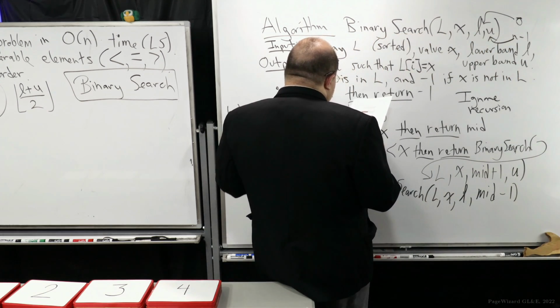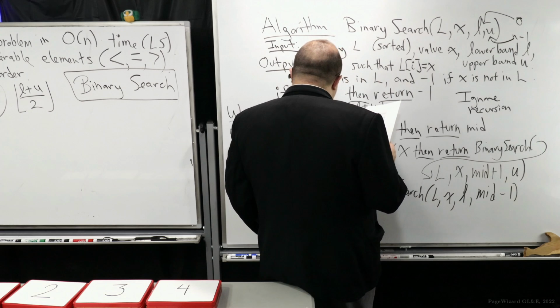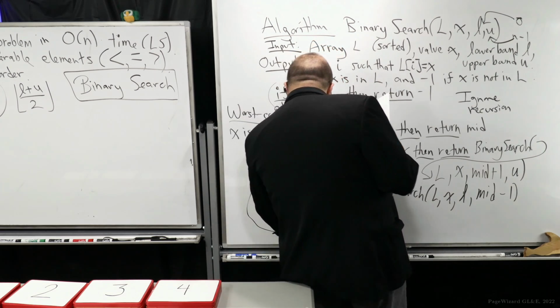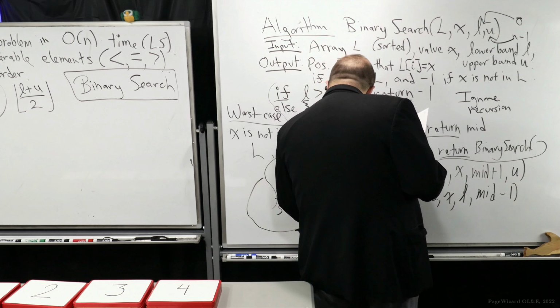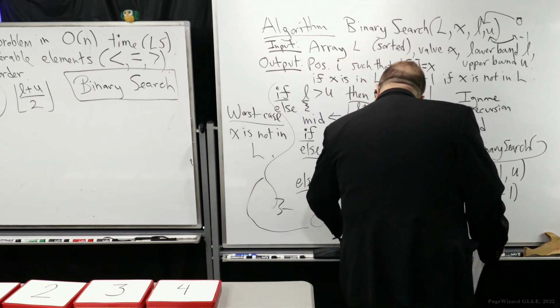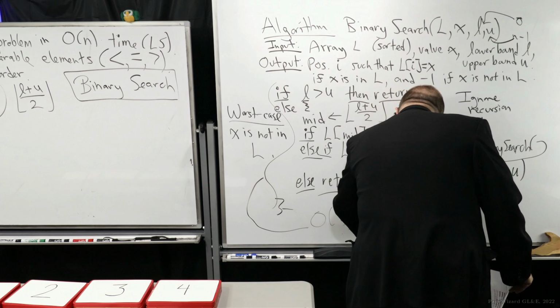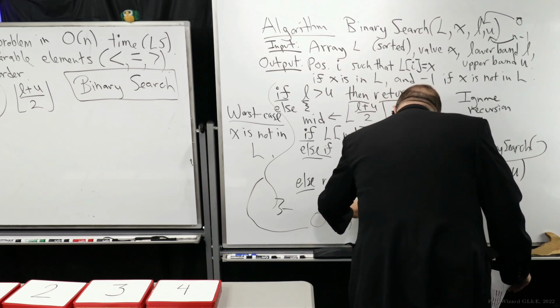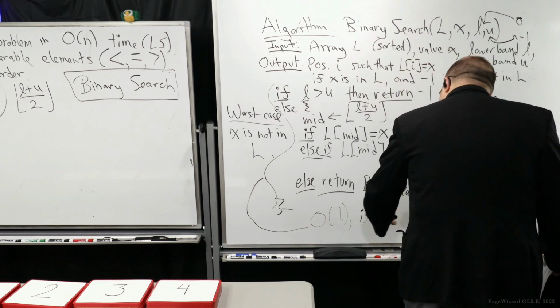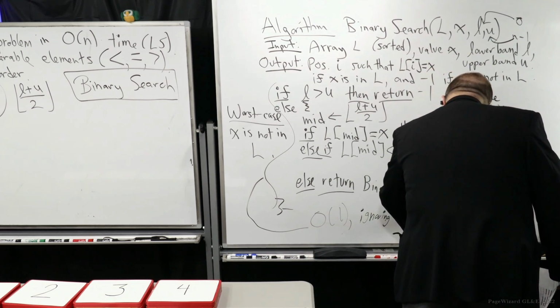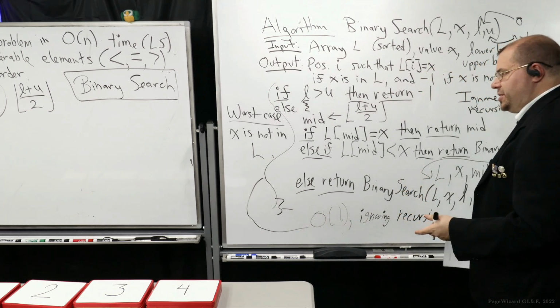So when you ignore the recursion, all of this is just some constant number of operations. I'll have more details in my notes. But we still have to incorporate the recursion.